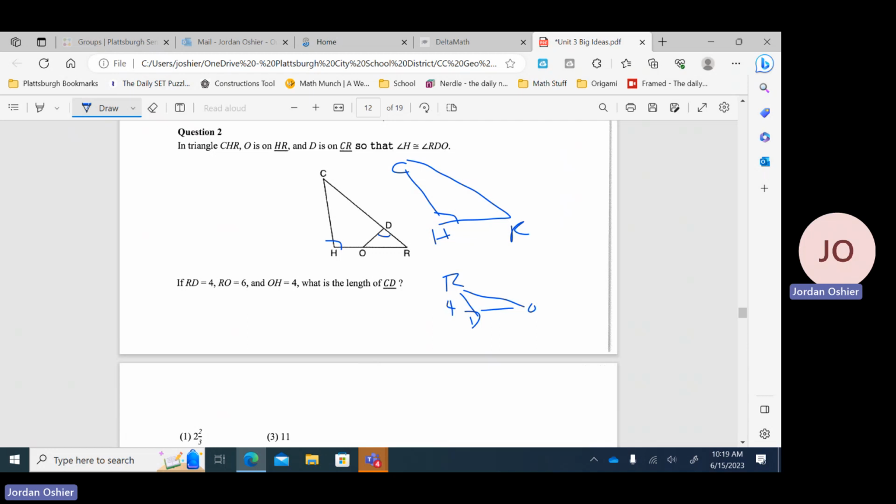Then I set up 4 and 6, and OH is 4. Where's OH? OH is here. Do I know what OR is? OR is 6. So RH is 10. They want the length of CD, which is this little chunk right there.